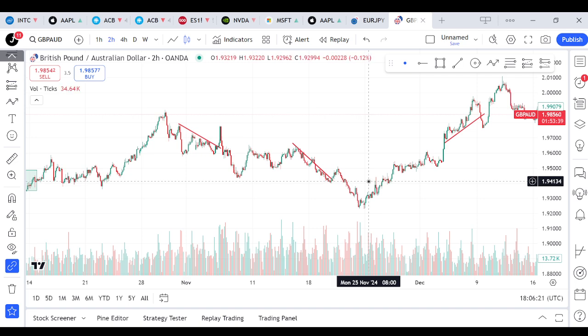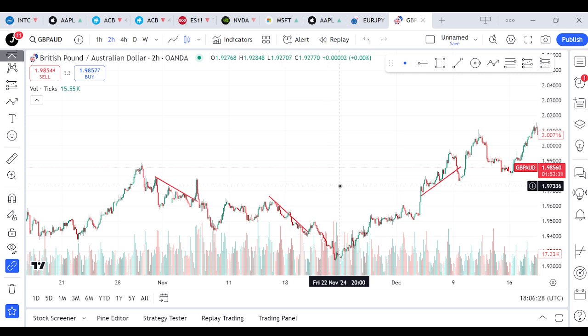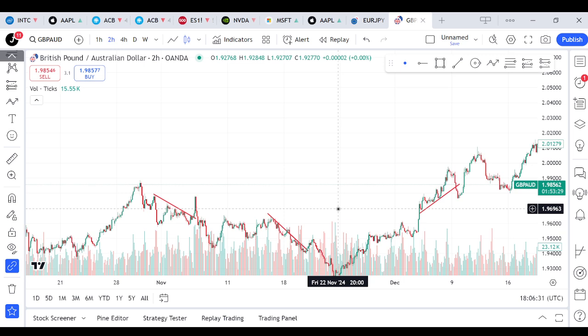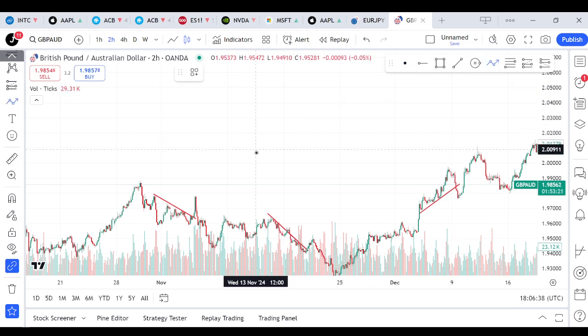When a breakout occurs, many traders jump in expecting the price to continue moving in that direction. However, if the breakout is fake, the price will often return to its previous range, causing those who enter the trade to face losses.